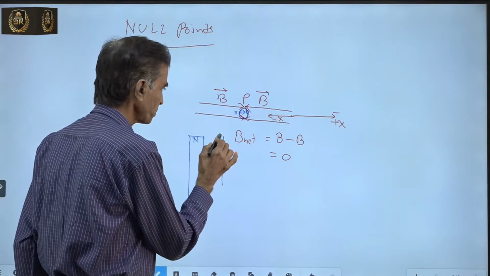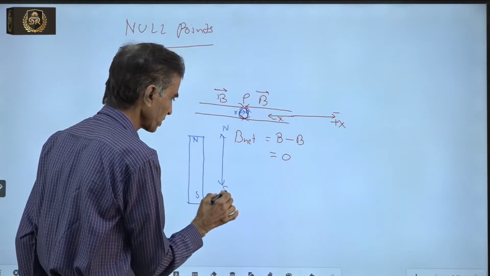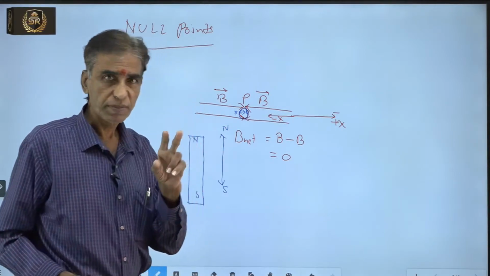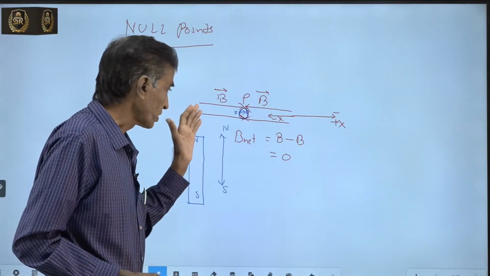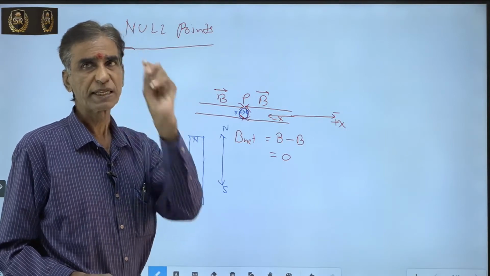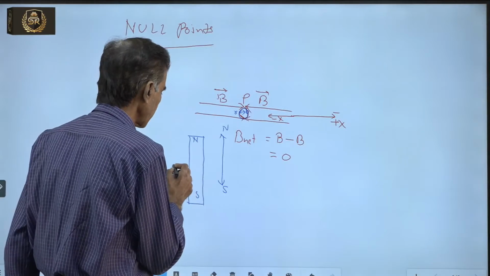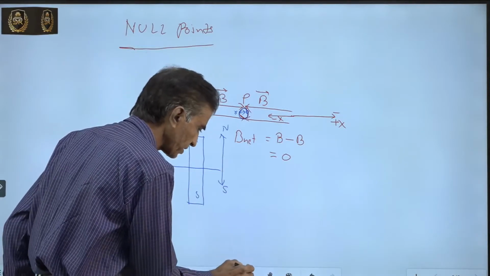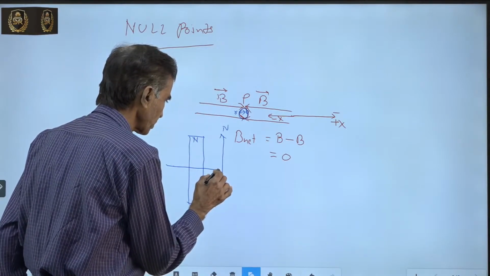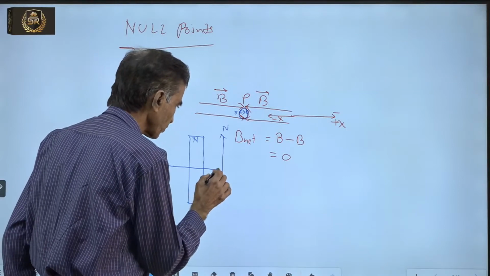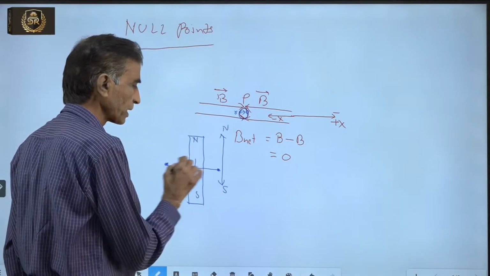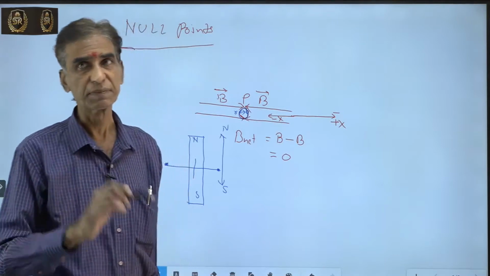This is our geographic north and this is our geographic south, right? So when the north pole of the bar magnet is pointing towards the north of the earth, we get two null points on the axial line. Okay. So one null point here at equal distance from the center of the magnet, another null point at equal distance on this side. Two null points will be there on the equatorial line.